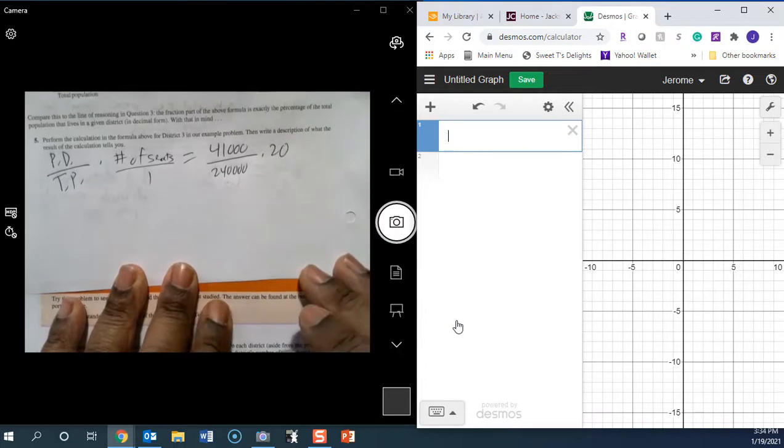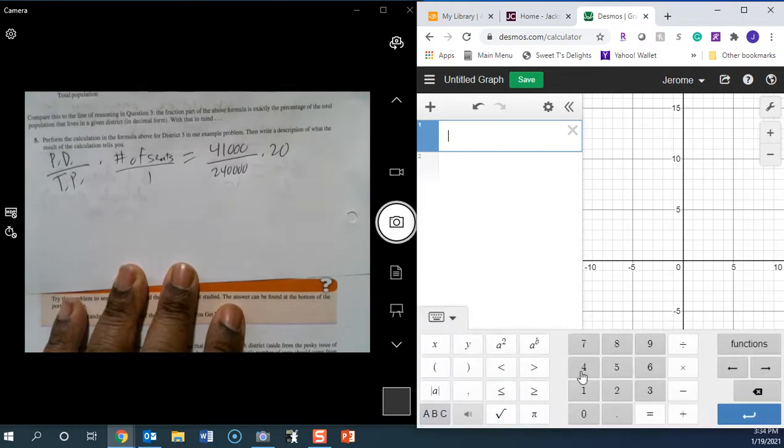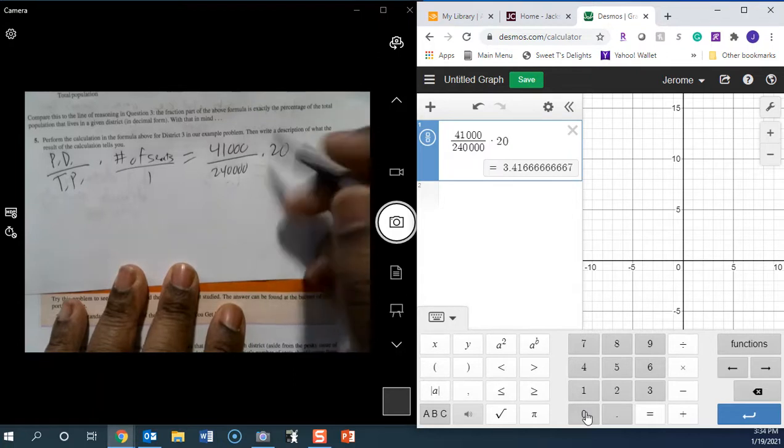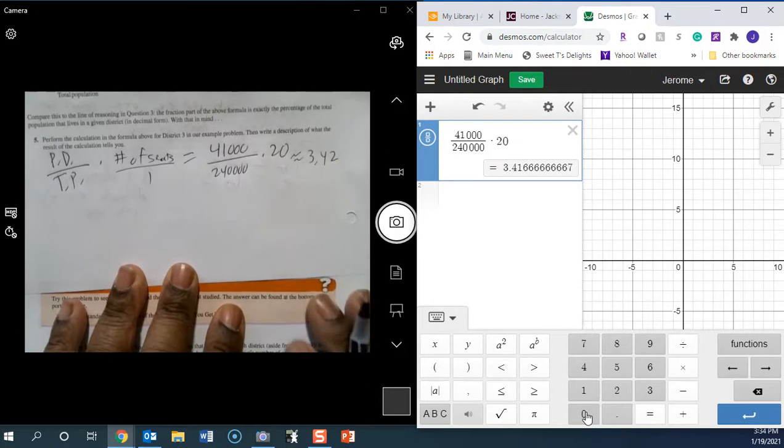And then times 20. Now, when you put this in your calculator, we have 41,000 divided by 240,000, and then multiplied by 20. And we round that to 2 decimal places, so it's approximately 3.42.